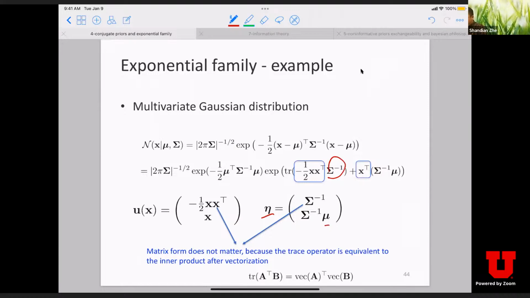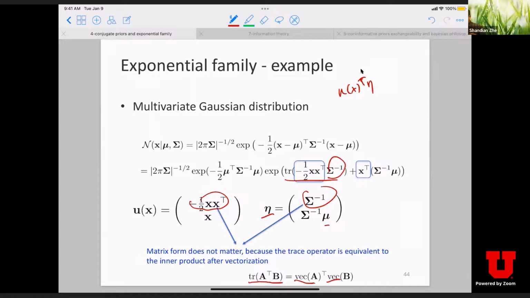You might be confused about where this eta transpose U(X) comes from, or let me write it in the original order, U(X) transpose. Where does this come from? Don't worry, because this is a trace term. Although this is a matrix and this is a matrix, the trace of the multiplication of two matrices, trace of A transpose B, is equal to the dot product.